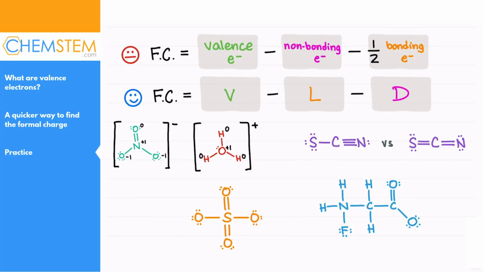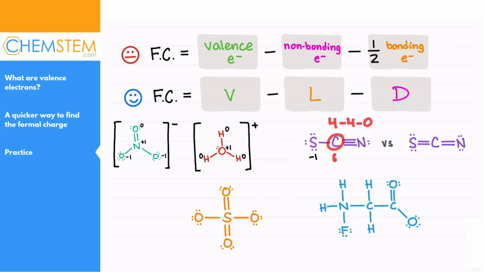Now let's calculate the formal charge for the sulfur, the carbon, and the nitrogen in this version of this compound, and then in this version of the compound. So the sulfur is going to be 6 valence minus 1 line minus 6 dots. There's going to be a negative 1 formal charge on that sulfur. Carbon is going to be 4 valence minus 4 lines minus no dots, because there's no dots on that carbon here.